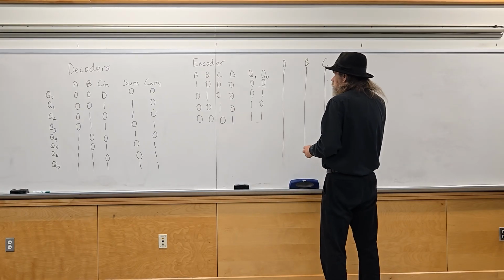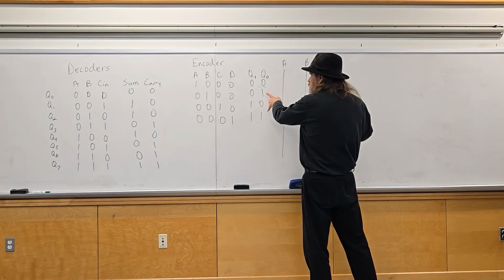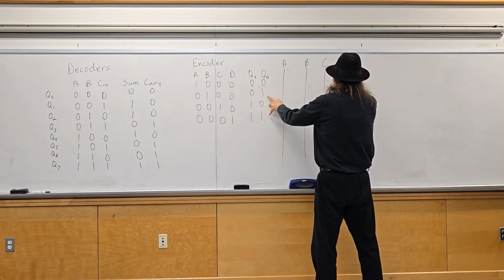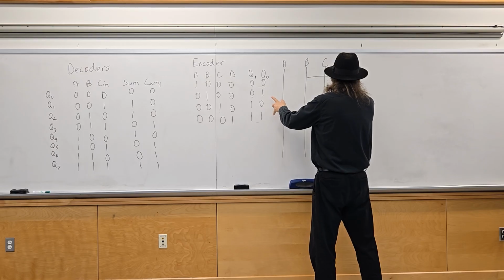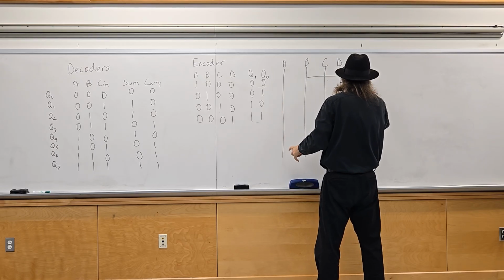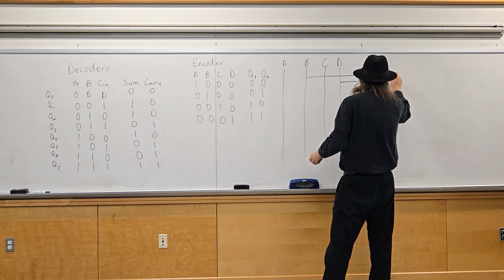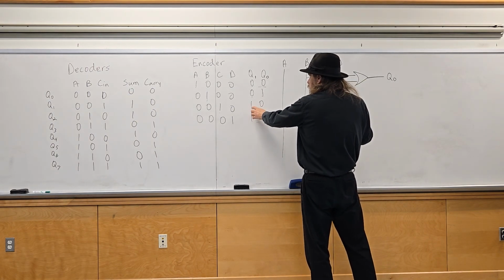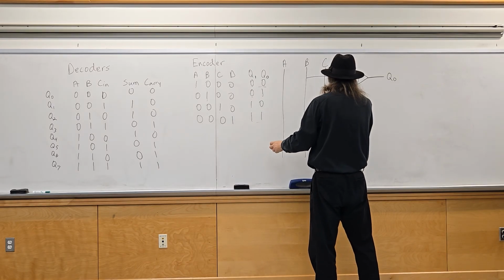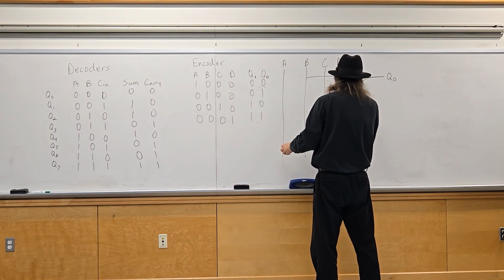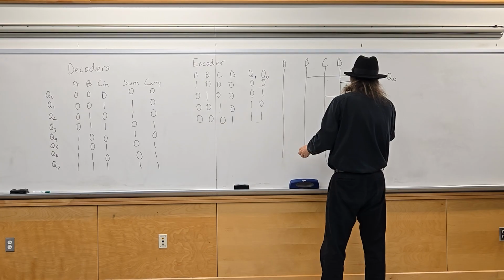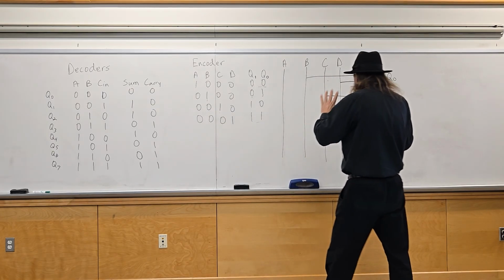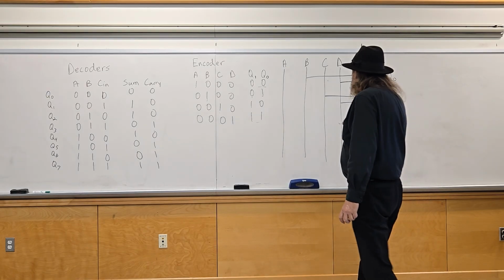Q0 should be when B or D is high. So B or D for Q0, and Q1 when C or D is high. Yeah, okay, it's easier than what I was thinking in my head.